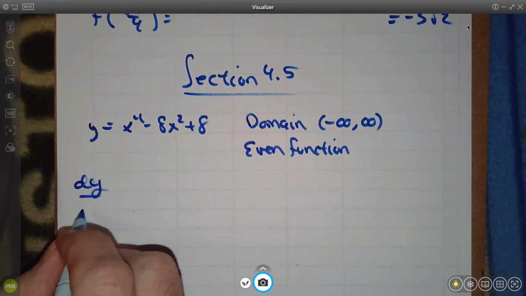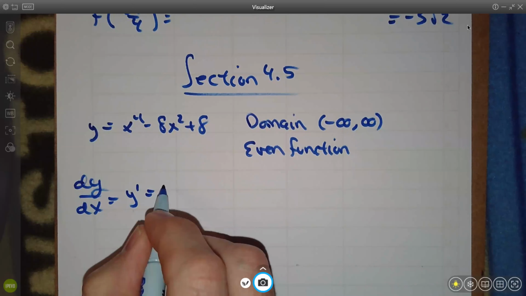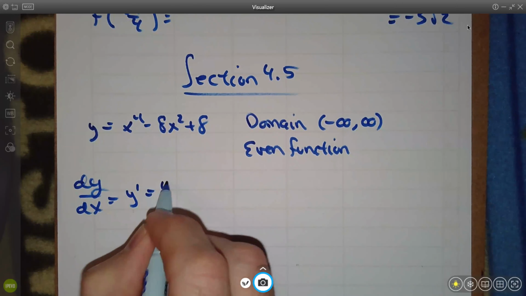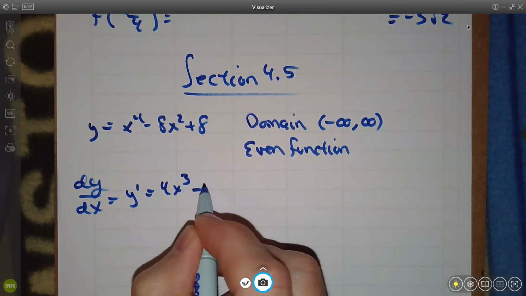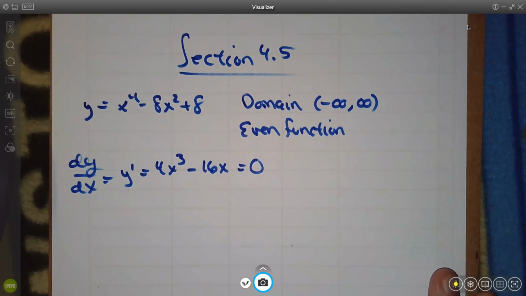So dy by dx, or y prime as you see fit, that's going to be pretty easy. This is just a polynomial. 4x cubed minus 16x. And let's just immediately set that equal to 0 and solve.